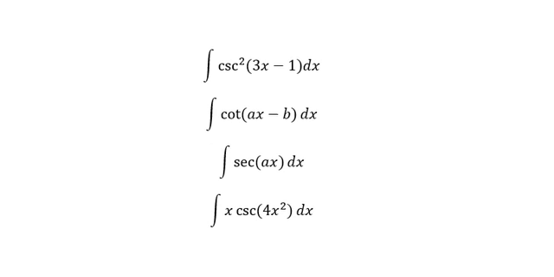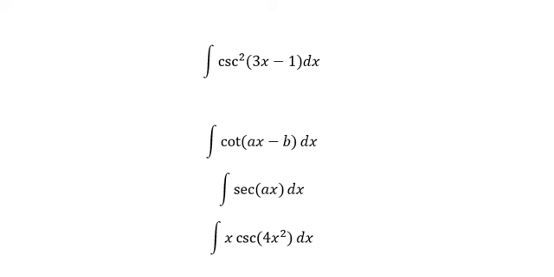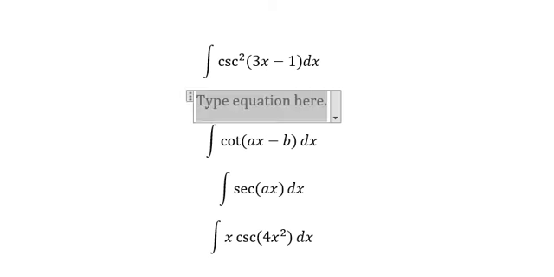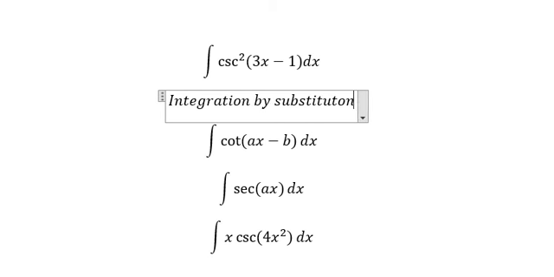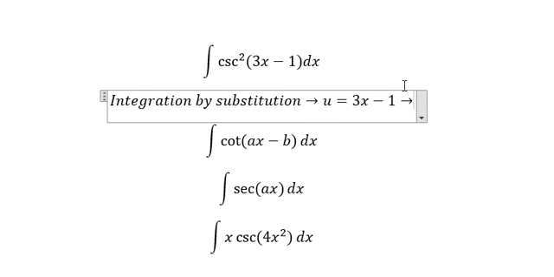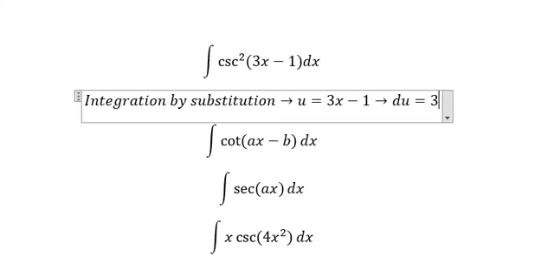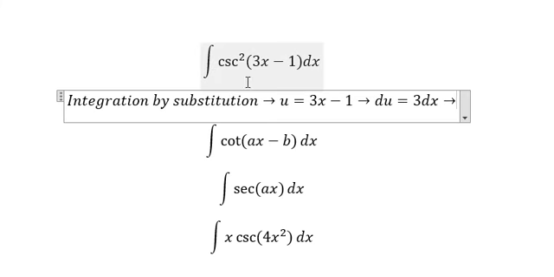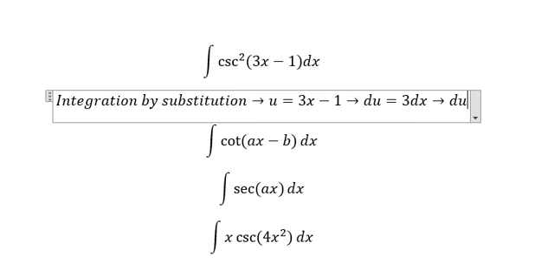Now let's go to the next one. We need to use integration by substitution. So I will put u equal to 3s minus 1. So we do the first derivative for both sides, and you got 3 ds. Because we don't have number 3 in here, so we divide both sides by number 3.